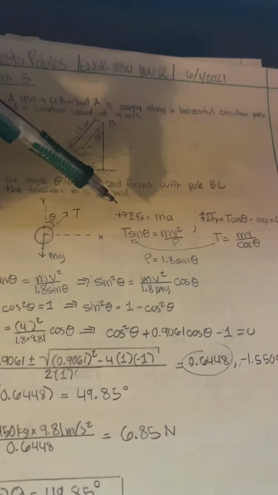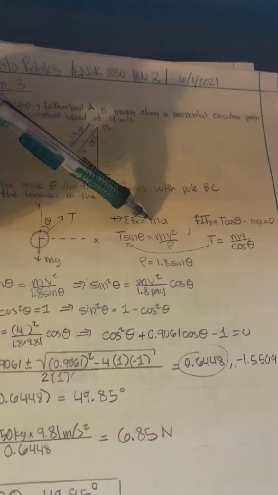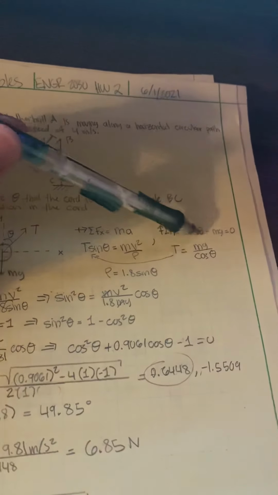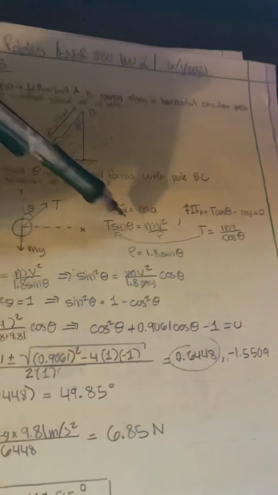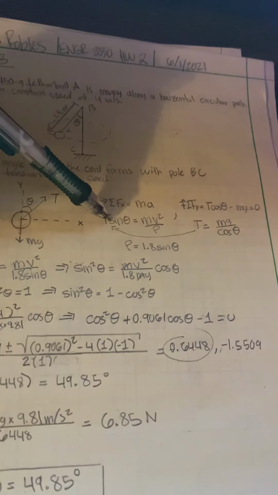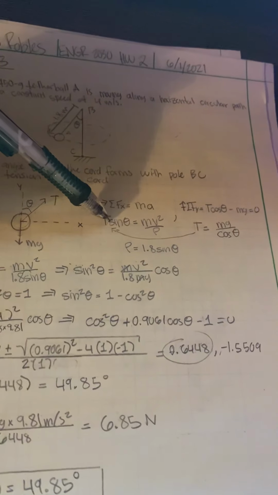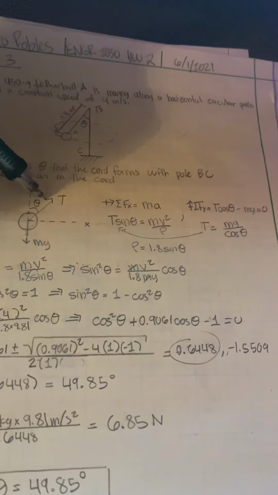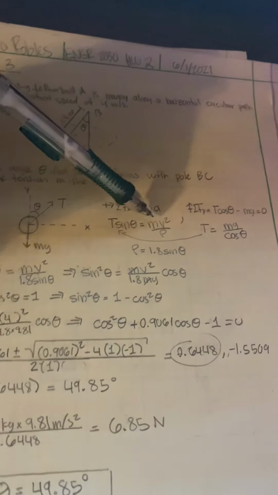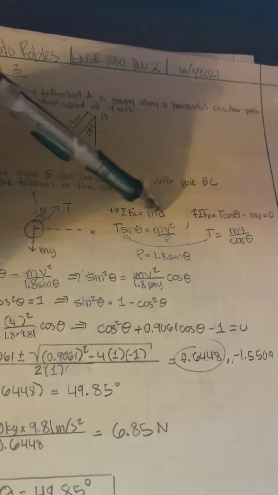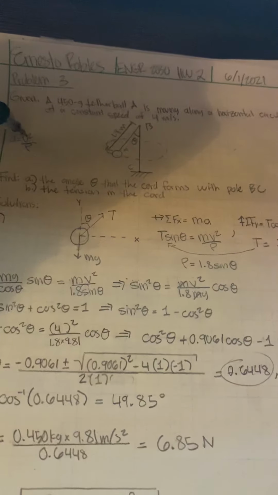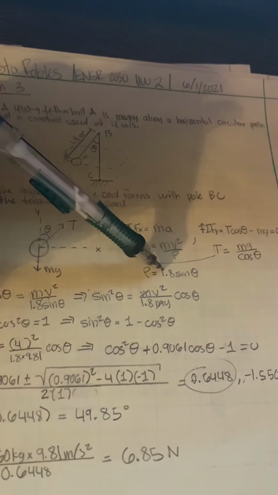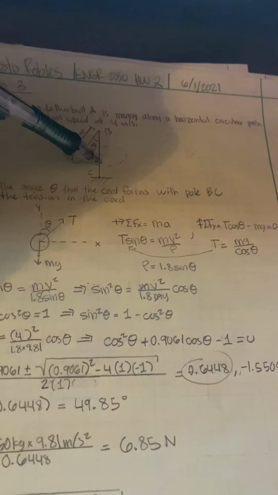Take the sum of forces in the x direction, which will equal mass times acceleration. Sorry, this is in the y direction. We focus on the x one first. So the sum of forces in the x direction is just the sine of the tension, and acceleration can also equal velocity squared over rho, and rho is really just the distance from here to here.